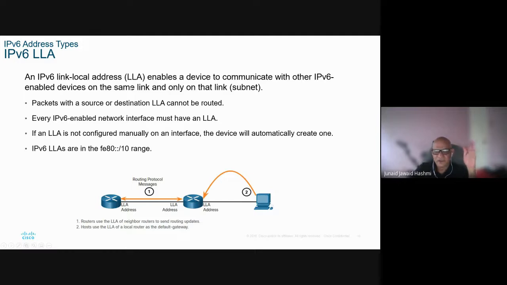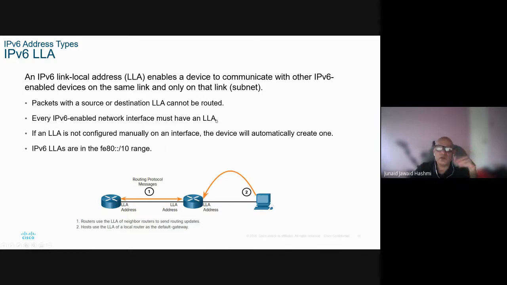So as explained before, an LLA, a link local address, is used to communicate with other devices on the network. These addresses cannot be routed. Every IP version 6 enabled interface must have an LLA.